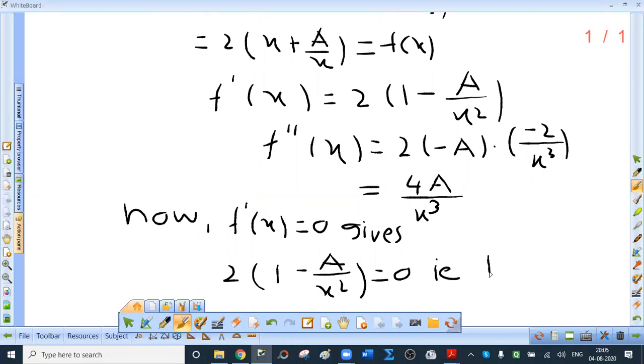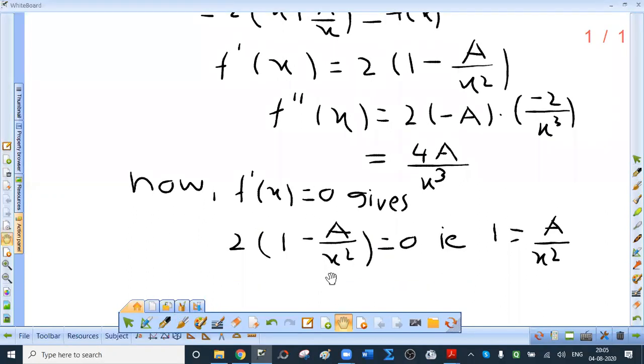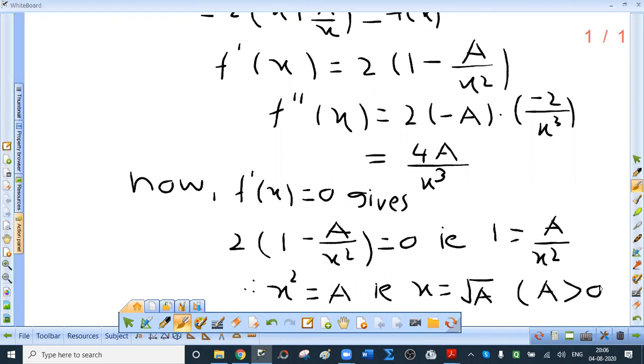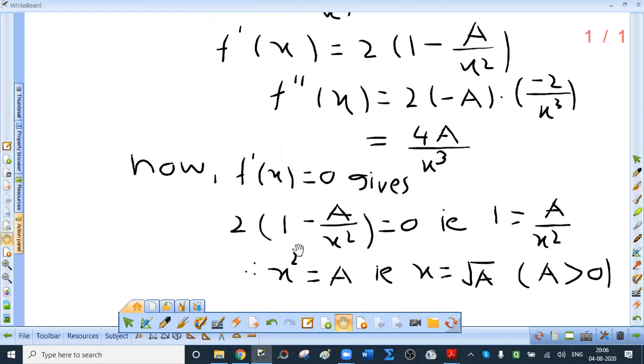That is 1 equal to a upon x square. So x square equal to a, that is x equal to root a. Why plus root a? Because area is greater than 0. Okay.